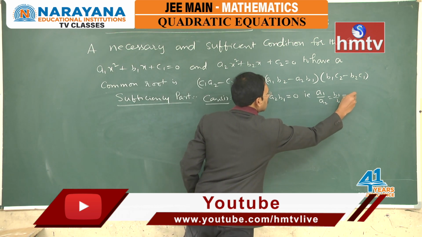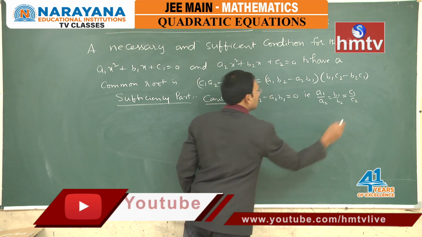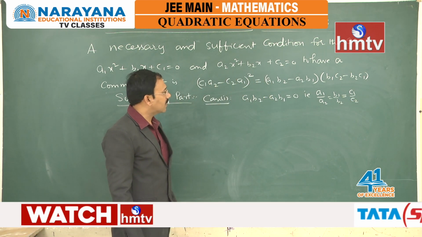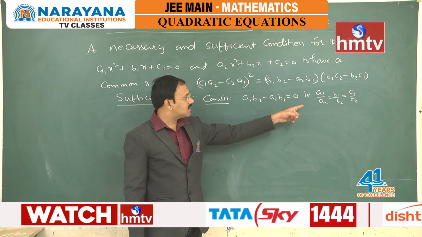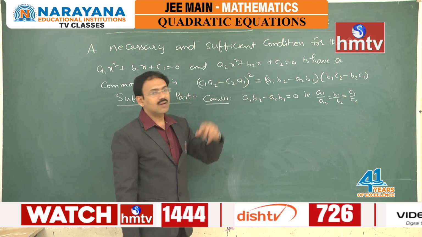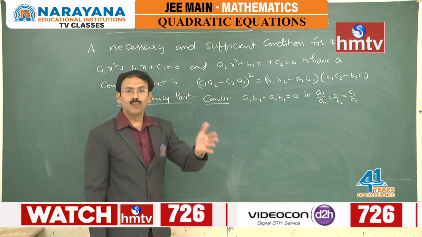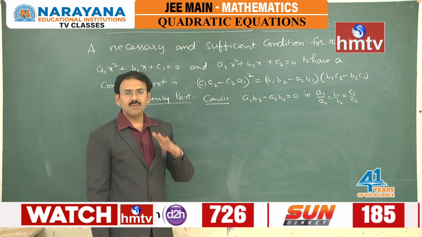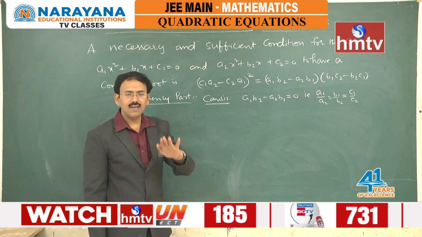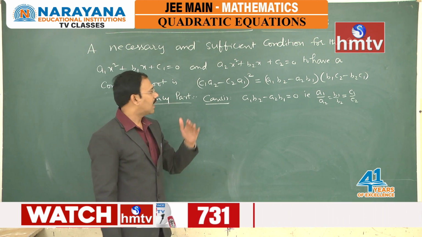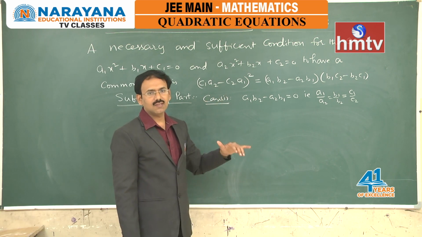So, this is also equal to c1 by c2, and hence we know that this yields these two quadratic equations will have both the roots common. That means they have at least one root common to them, and hence it is proved in this case.